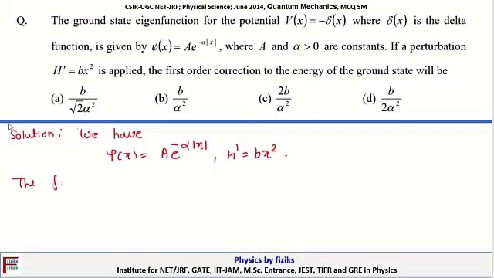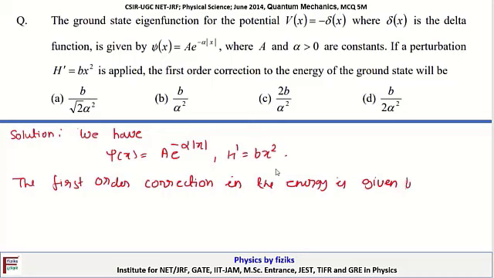The first order correction in the energy is given by E_1 would be psi H dash psi divided by psi psi.